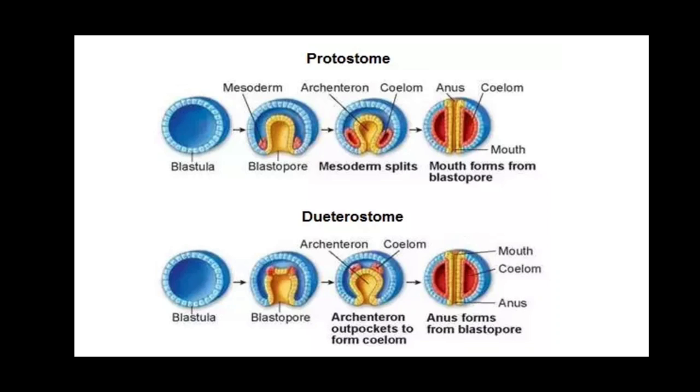But in deuterostomes, the coelom forms two pocket-like structures above the endoderm, and these two structures would change into the coelom, and these two pocket-like structures are called archenteron.